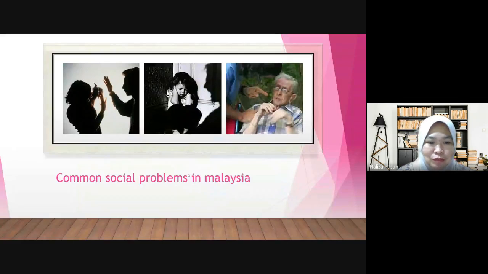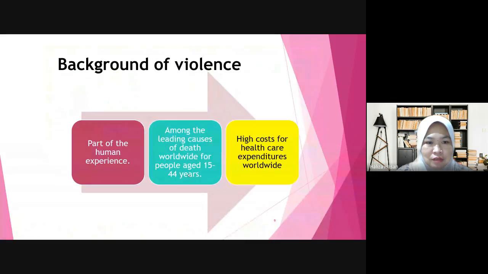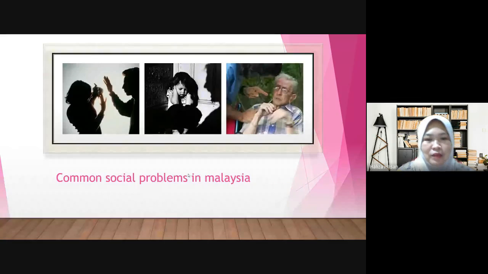Okay, the common social problems in Malaysia. So you can see here the examples of the common social problems. We have domestic violence, child abuse, and also abuse of people.